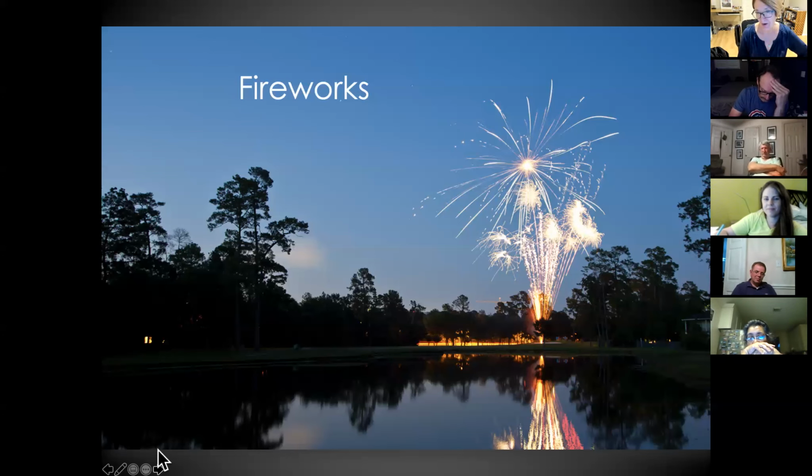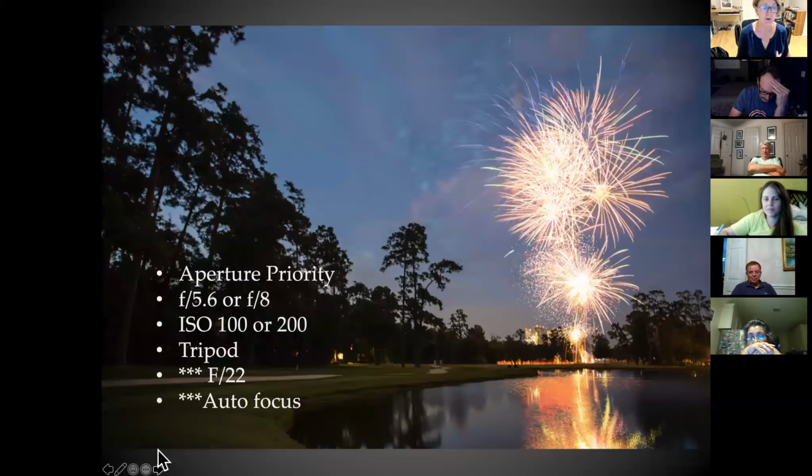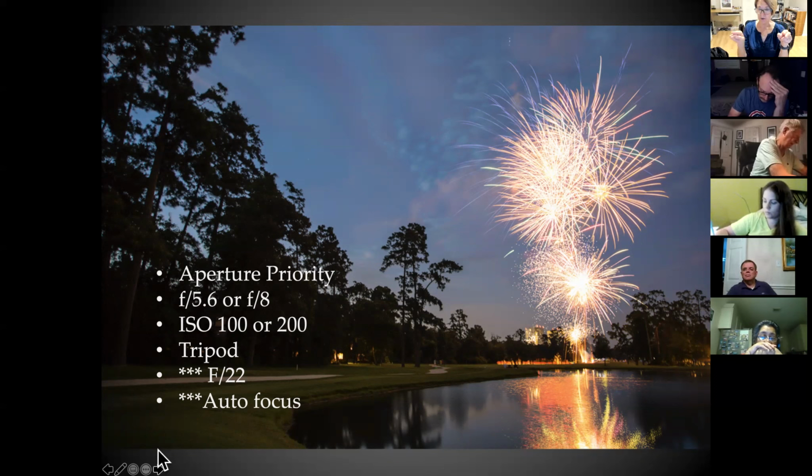So to do your fireworks, here's how you do it. You set your camera on your tripod. I put my camera in aperture priority. I set my f-stop on 5.6 and or f8. F8 would be a longer exposure, so you would get longer streamers coming down. 5.6, you would get shorter bursts.